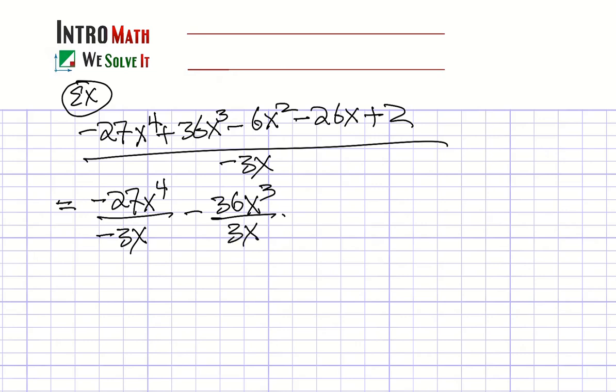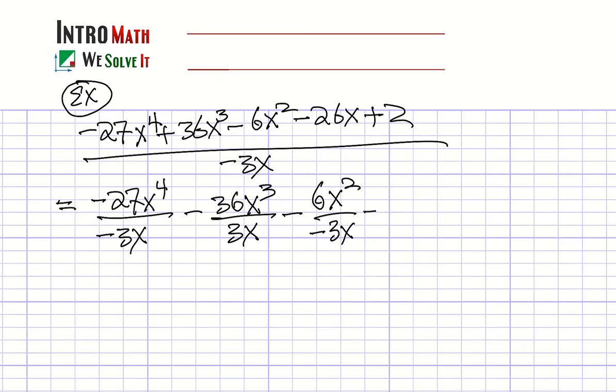You see that, right? Negative, so it's okay. 6x raised to the power 2 over negative 3x. Let's deal with that when we get there. I'll show you. Let's do it the right way, and then I'll explain it to you.